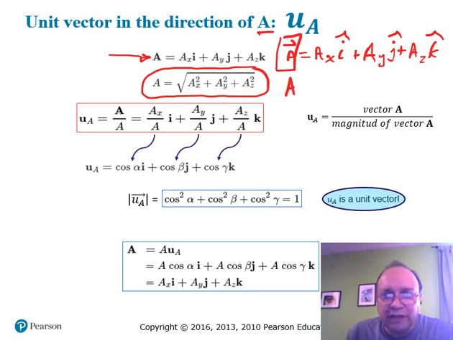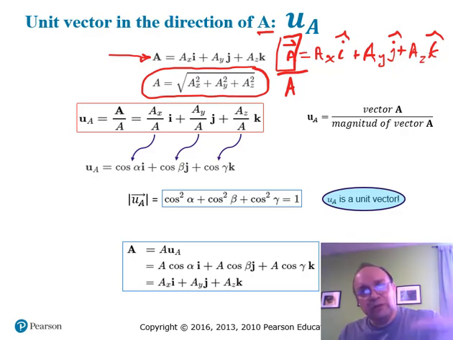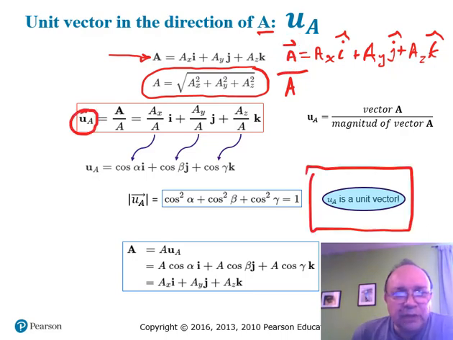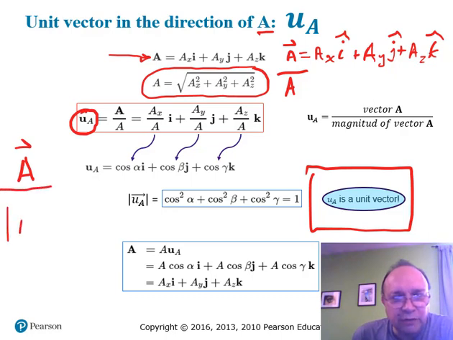So if I divide a vector which has a magnitude of A by A, which is the same magnitude, the total magnitude of that division will be 1. So here I am taking a vector A and dividing the vector by the magnitude of the vector.